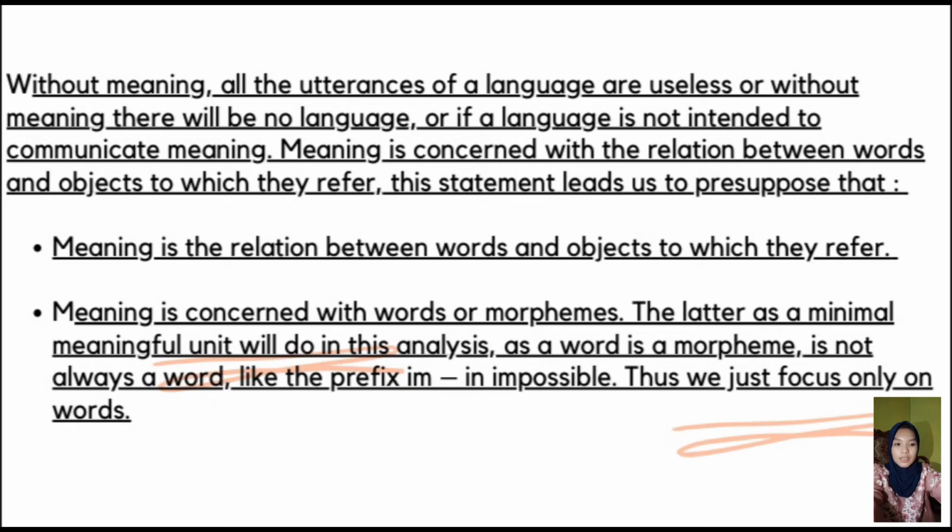A word is a morpheme, but a morpheme is not always a word, like the prefix im- in impossible. Thus we just focus only on words.